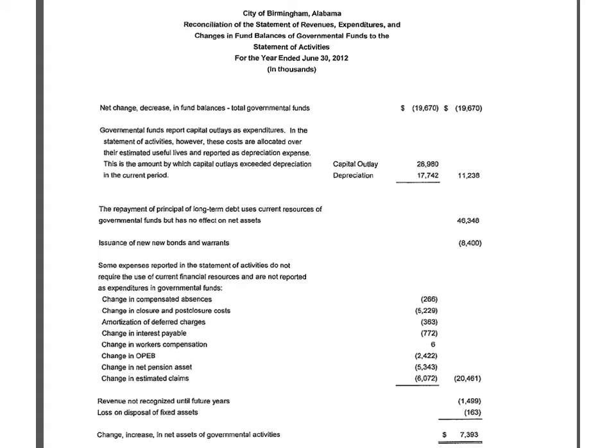And here is, again, another reconciling statement where you're reconciling the change in fund balances on the governmental funds statement of revenues, expenditures, changes in fund balance with the change increase in net assets of governmental activities.